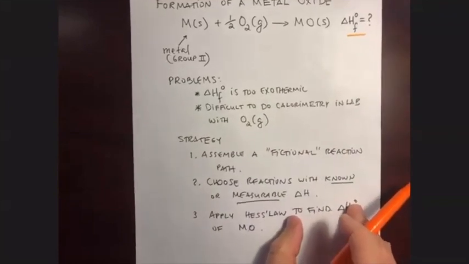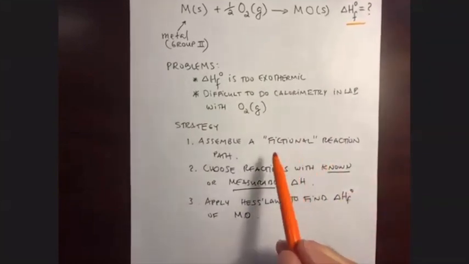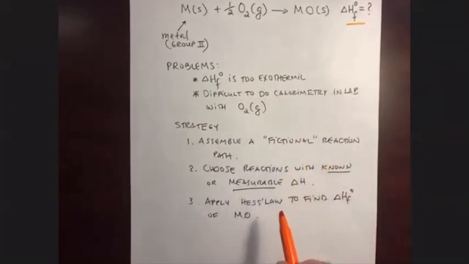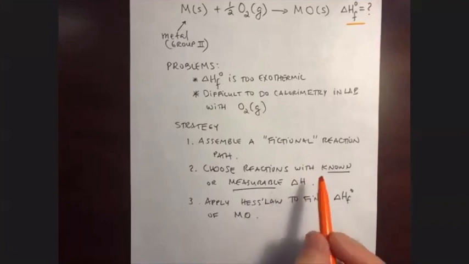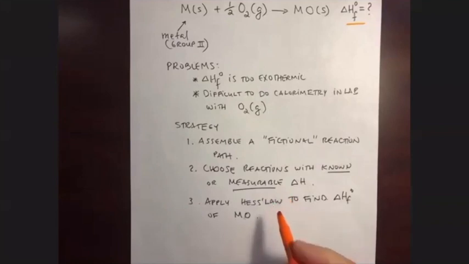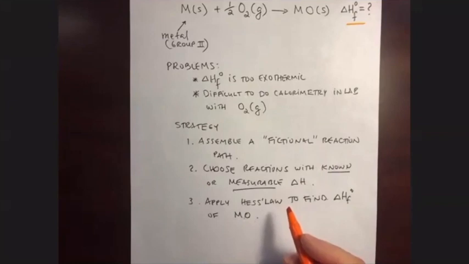So what we do in these cases is we're going to assemble a fictional reaction path. We're going to choose a set of reactions for which we either know or we can measure the delta H. And we're going to arrange them in such a way that when we add them up, the result is the reaction we're looking for. This is Hess's law, which basically says that the enthalpy of a reaction is the same regardless of how many steps it is done in.